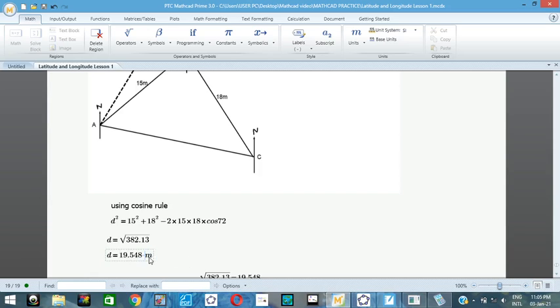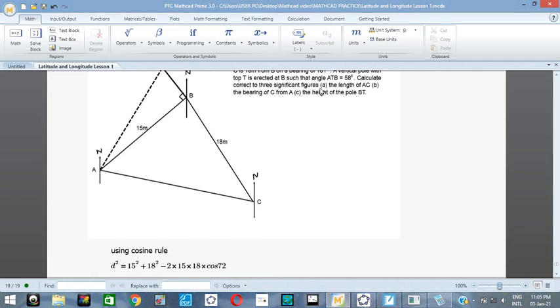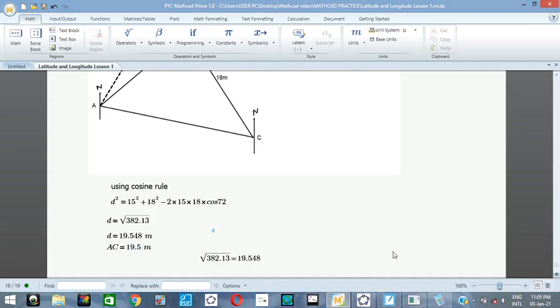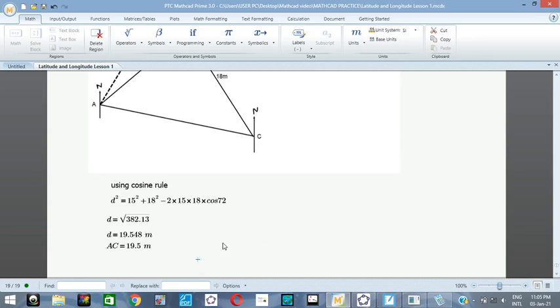So the unit is in meters. Then we need to know the approximation they say we should do. They say to 3 significant figures. So your answer in 3 significant figures is going to be what? Since I use AC to represent D, AC, which is the same thing as D, in 3 significant figures is going to be 19.5 meters. So that is all for AC. AC is settled. There's no issues with AC. So let's go back to the question.